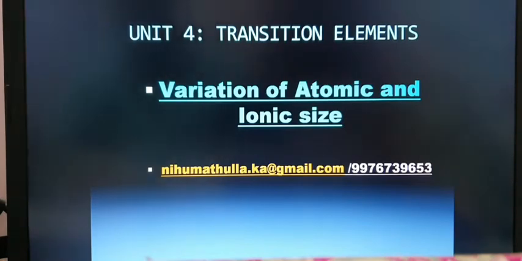In the previous videos, we have discussed how to write the electronic configuration of d block element, metallic behavior of d block elements, and in this video, variation of atomic and ionic size in transition elements.